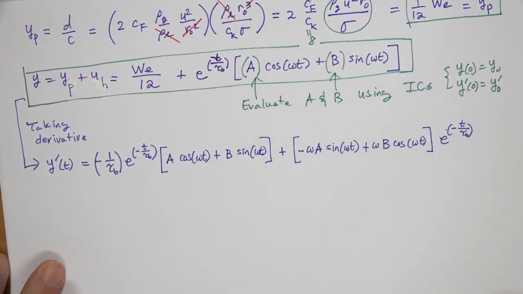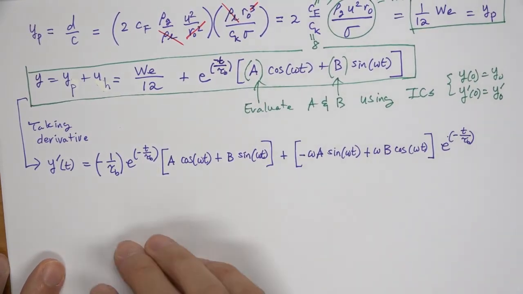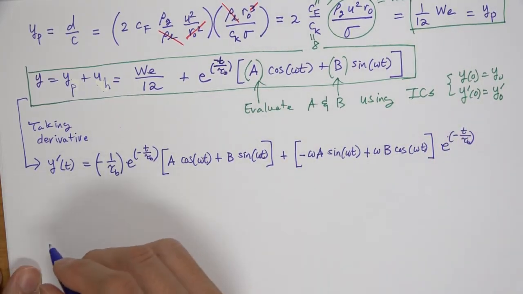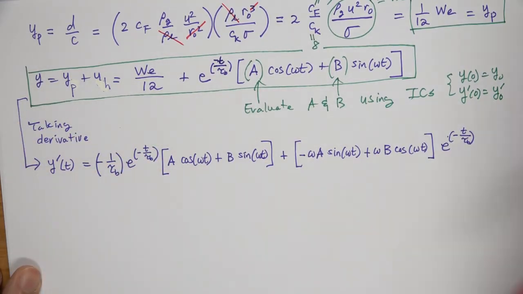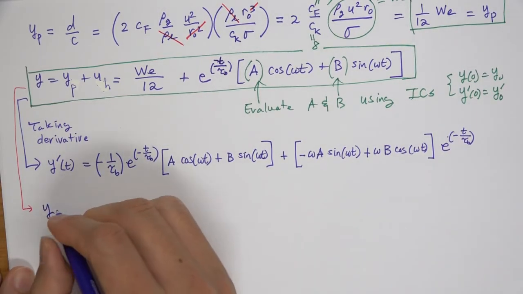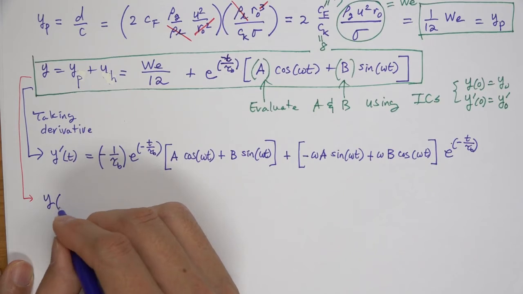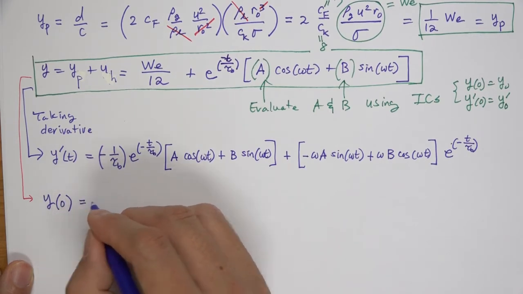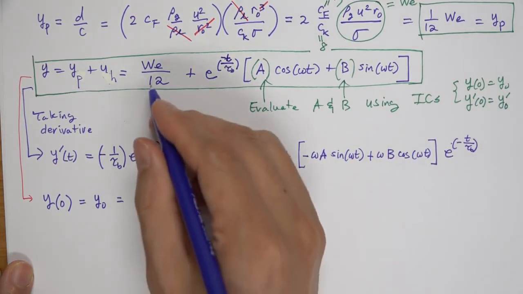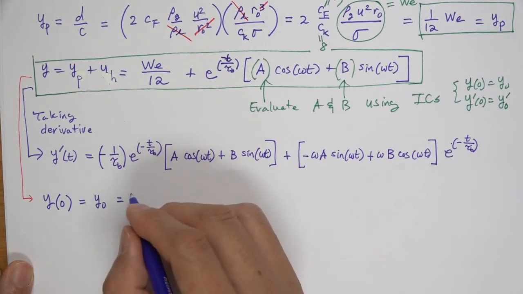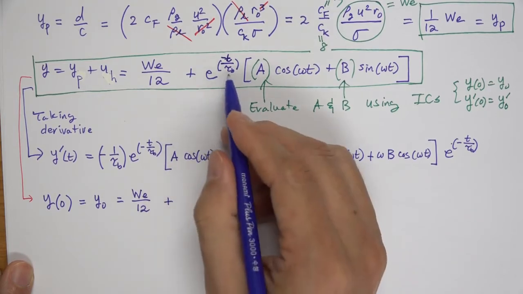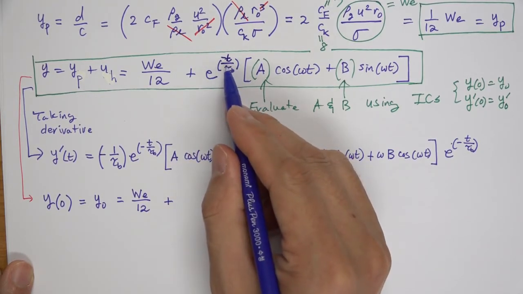So that's what I have. And now if I put this solution right here, y when t is equal to 0, that's y0. Then I have Weber number over 12 plus, what is this? 0, that's 1, right?